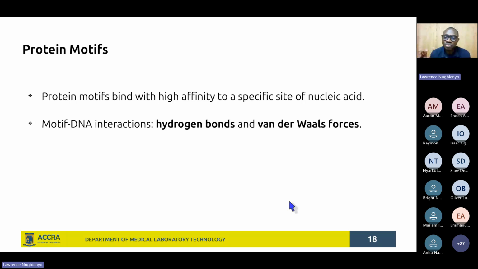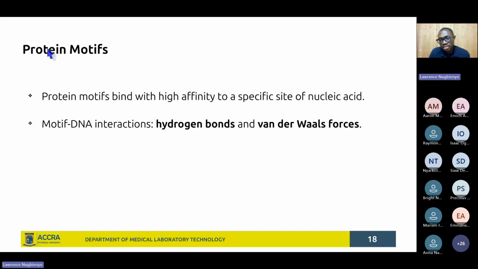So you have specific portions of the proteins that have some form of hydrogen bonding and van der Waals forces with some specific base pairs, like maybe 5 base pairs within the major groove. They have such an interaction with these nucleotides in the grooves of the nucleic acids. Those portions are what we refer to as protein motifs.